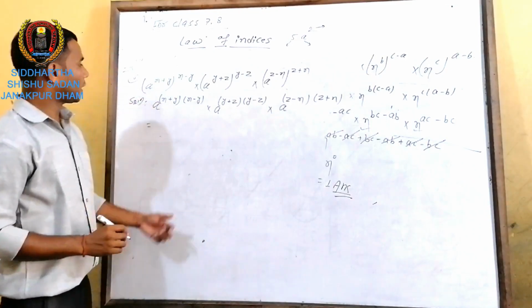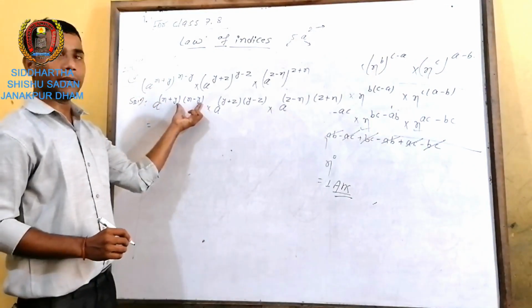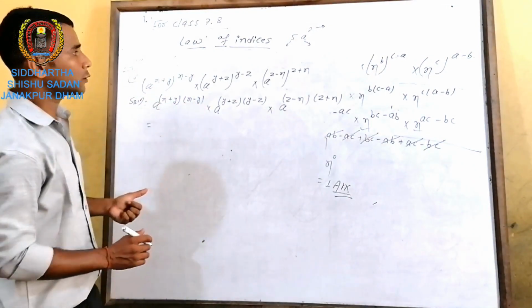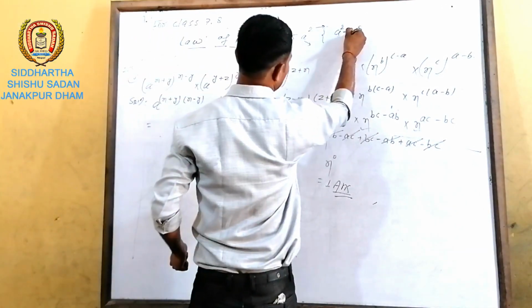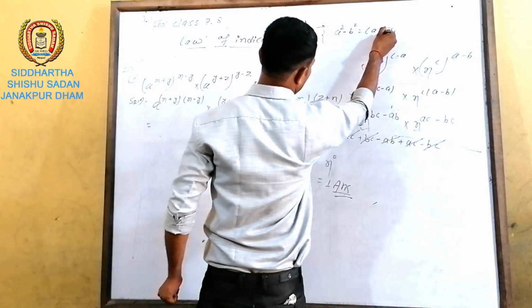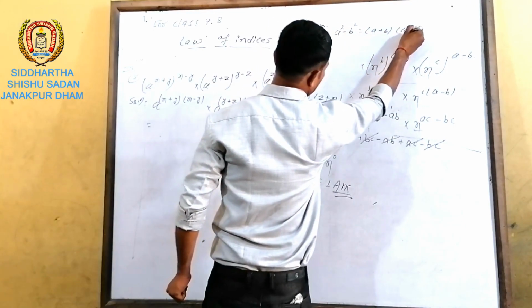Okay. You know that (a plus b) into (a minus b) is a square minus b square. The formula a square minus b square is equal to (a plus b) into (a minus b).